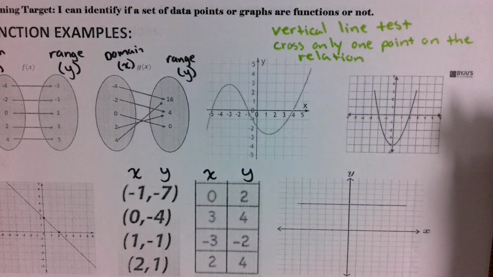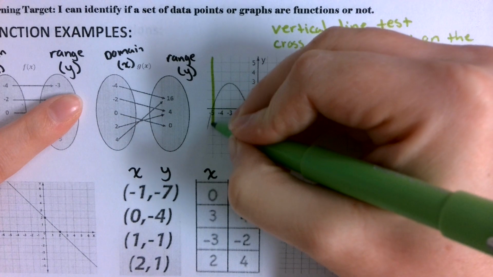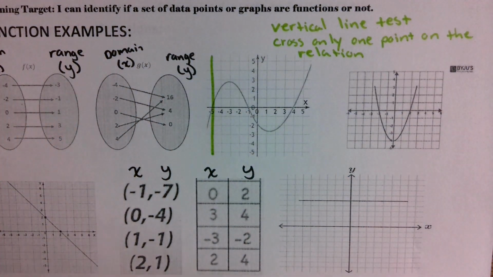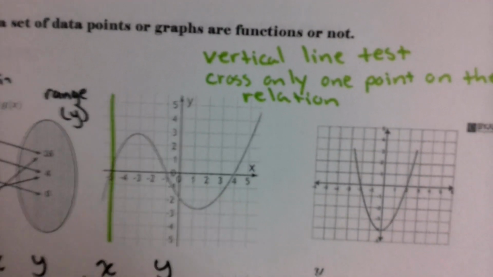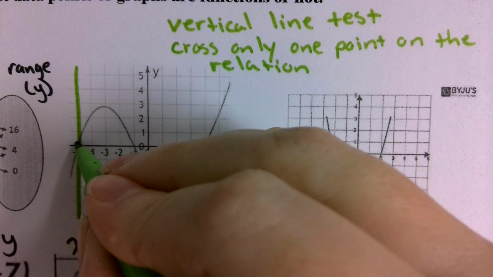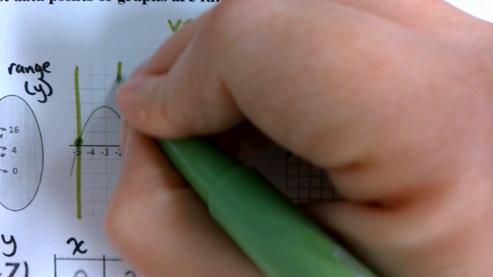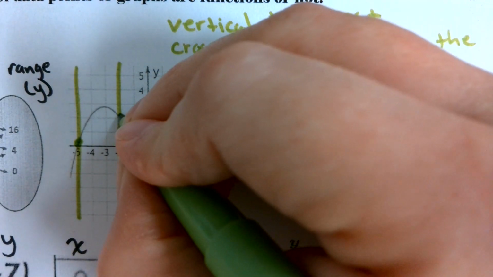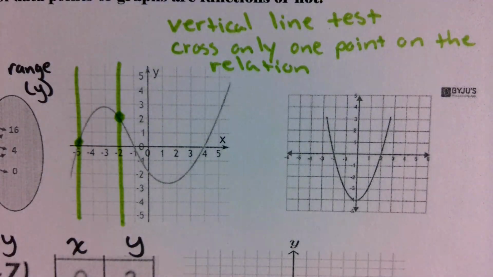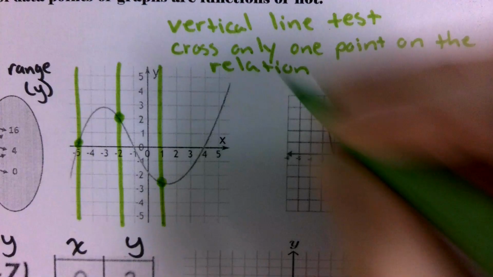So it doesn't matter where I draw my vertical line. If I draw my vertical line right here, I'm going to zoom in so that you can see it a little bit easier. I cross the relation only at one point. If I draw it right here, only one point. I can draw it here, just one point.